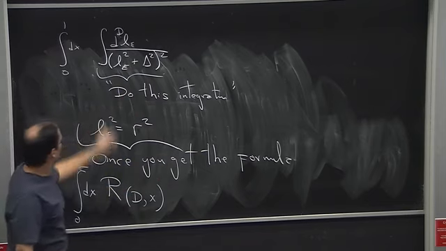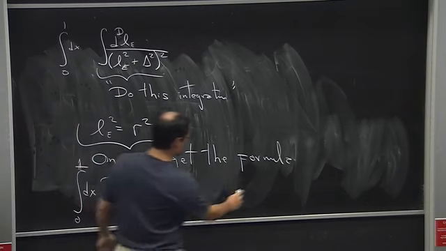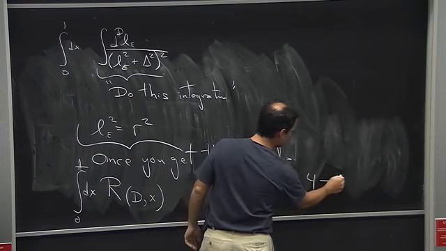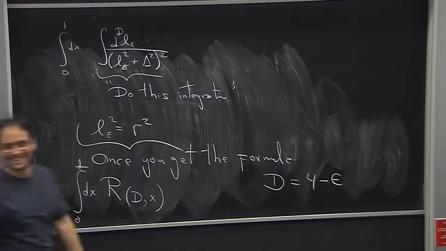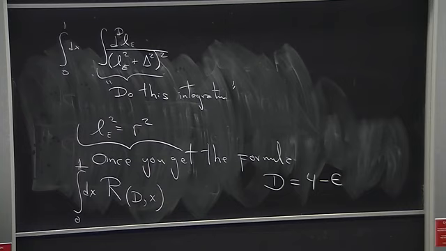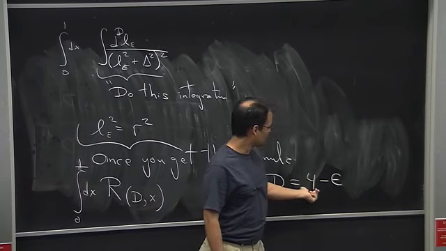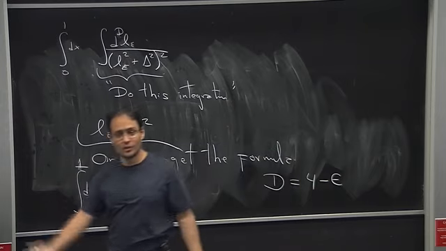So why not take d to be 4 minus a very small parameter? After all, we want to think about 4 dimensions. And we know that the integral diverges in 4 dimensions.